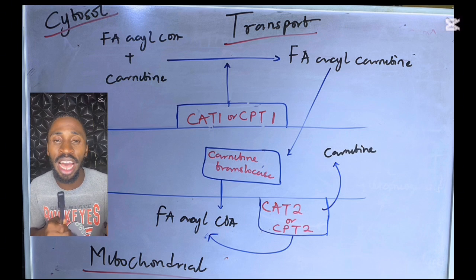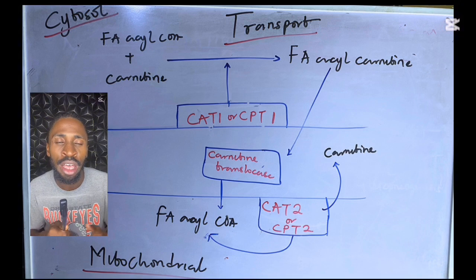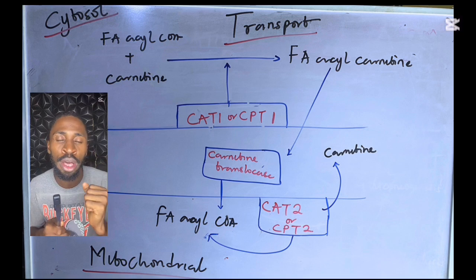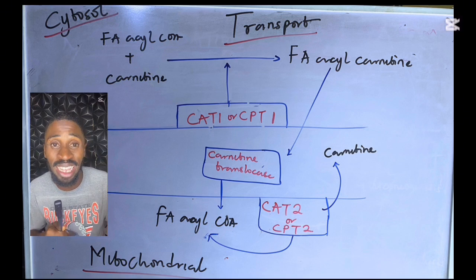First of all, the fatty acid CoA can be transported. It binds to CAT1. CAT1 takes away the CoA group from it to form fatty acid carnitine. When fatty acid CoA combines with carnitine, it forms fatty acid carnitine. The carnitine acyl transferase takes the CoA and transports fatty acid carnitine into the inner mitochondrial matrix.